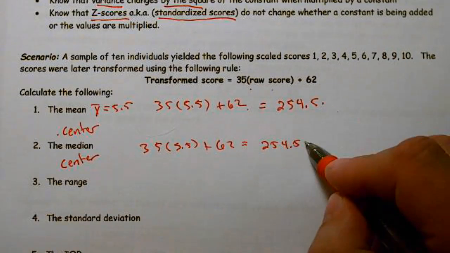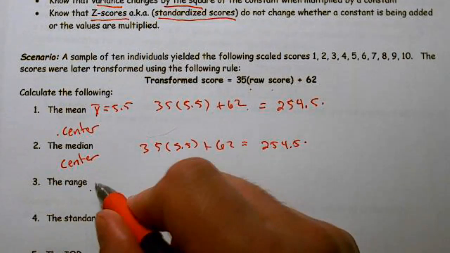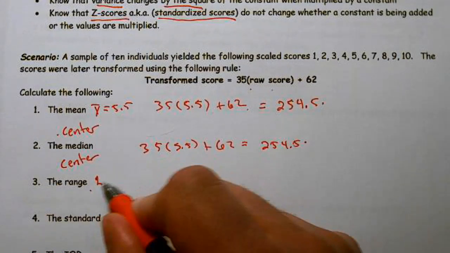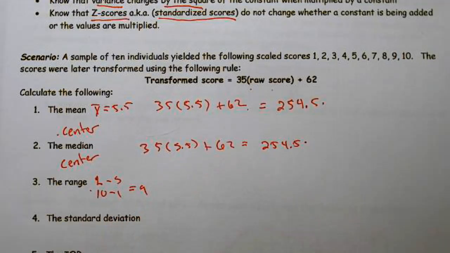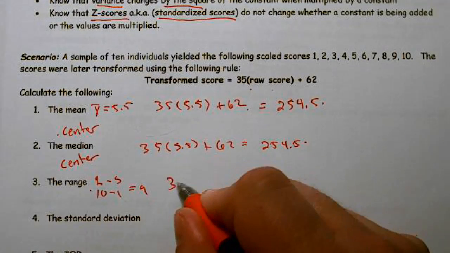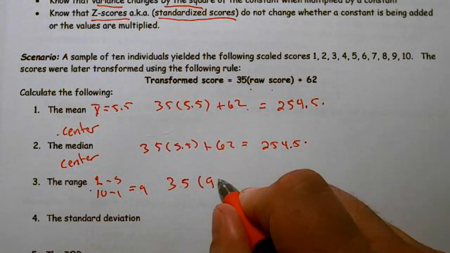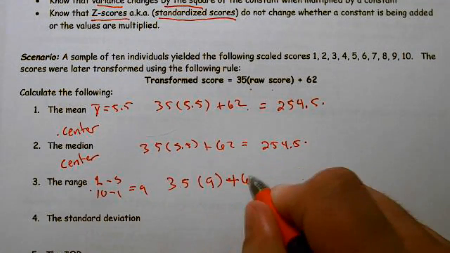Transformed mean, transformed median. Now they're asking for the range. So first off, the range is always going to be the largest minus the smallest. So large minus small, which is 10 minus 1. So my range is 9. So I'm going to plug into my transform formula, 35 times my raw score of 9 plus 62.